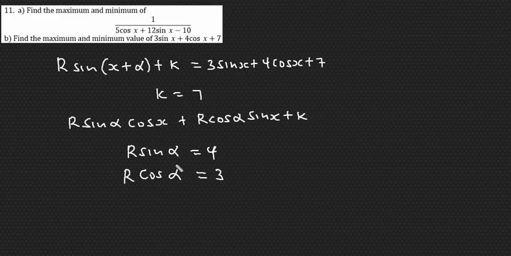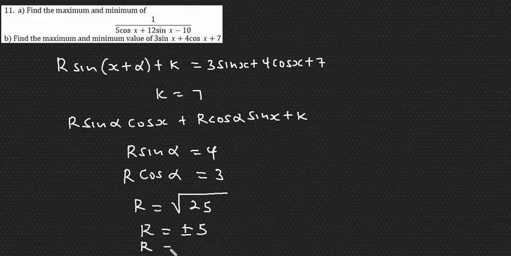So what is alpha and what is R? The constant is already 7. So R will be equal to the square root of 4 squared plus 3 squared, which is 16 plus 9, 25. So our R is going to be equal to plus or minus 5, and we shall now focus on the magnitude, that is the R.